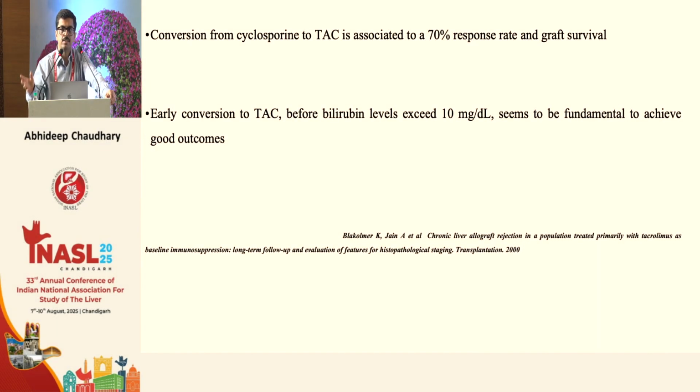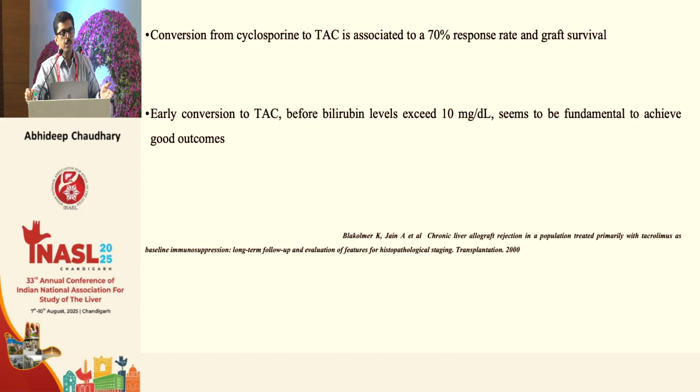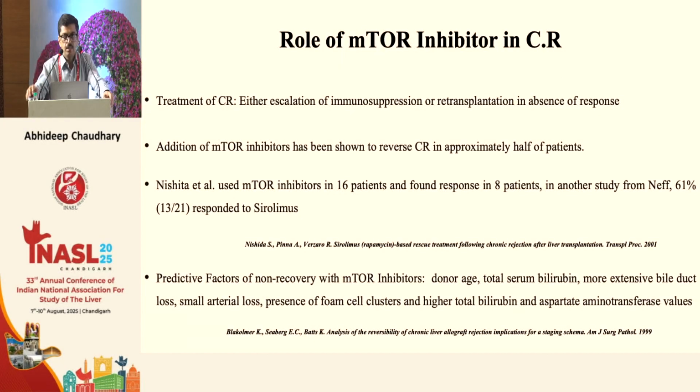There has been data which shows that if you change this treatment early, the reversal happens. If the bilirubin goes beyond 10, this reversal is unlikely to happen, and in very few patients you see the reversal. So if at all, you have to attack early.